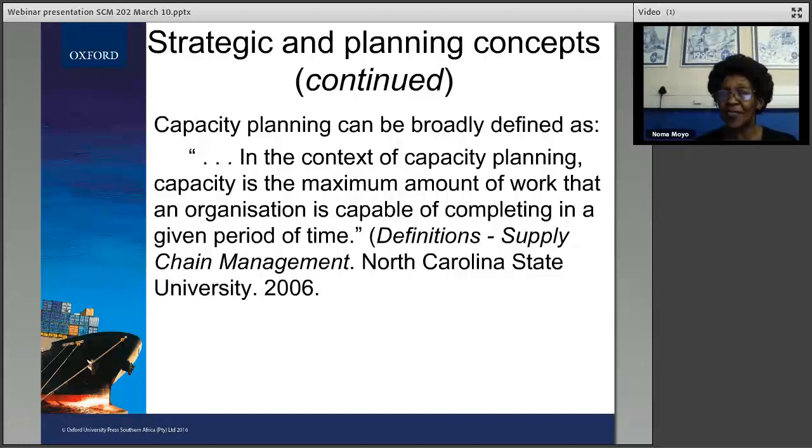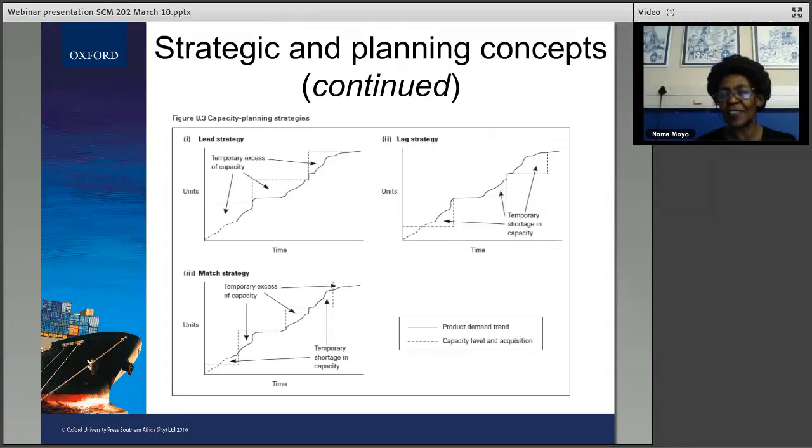Then, capacity planning can be broadly defined as follows: in the context of capacity planning, capacity is the maximum amount of work that an organization is capable of completing in a given period of time. That is by the Supply Chain Management, North Carolina State. Then we have different strategies.